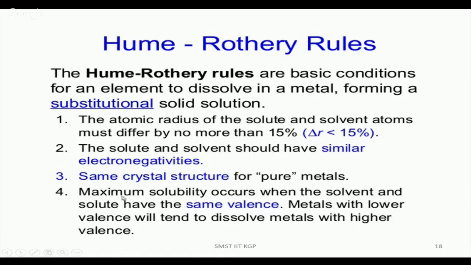Similarly, the maximum solubility occurs when solvent and solute have the same valency. However, metals with lower valence will tend to dissolve metals with higher valence. That is also possible, but it is favorable to have similar valency.